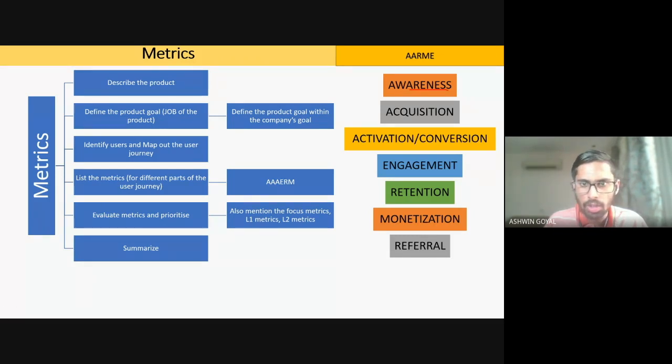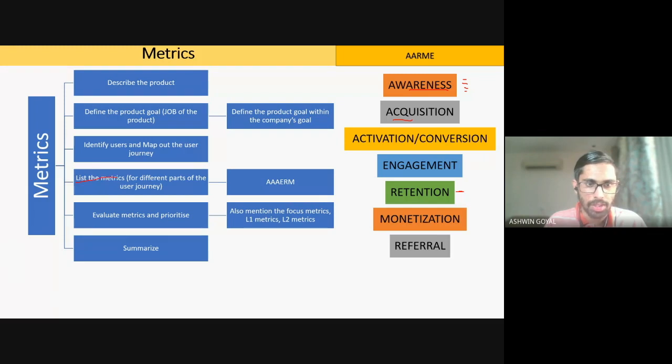Within each category you can have multiple metrics. For example, a metric for retention can be how many people return to watch my YouTube channel every week, something like that, right? So the number of returning users would be a retention metric in this case, right?